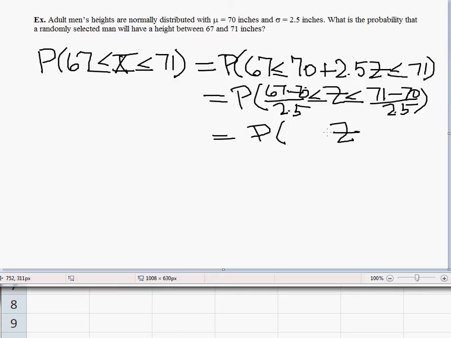So that gives me the chance that z is between. Okay, on this side we have 1 divided by 2.5, which is equal to 0.4. And on this side we have negative 3 divided by 2.5, which is negative 1.2.